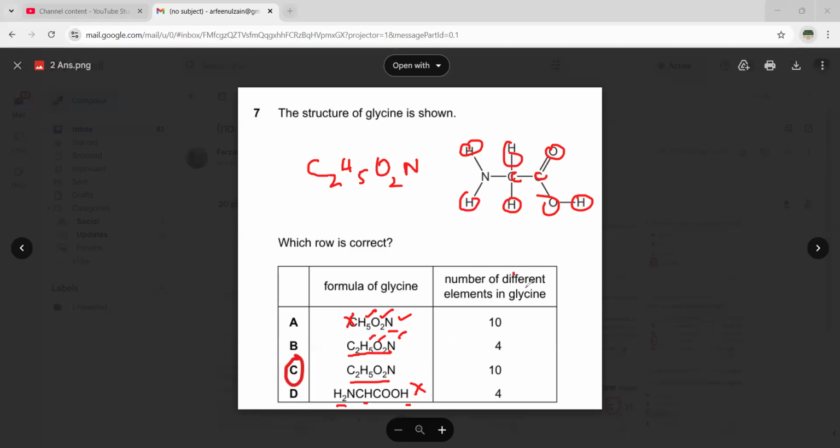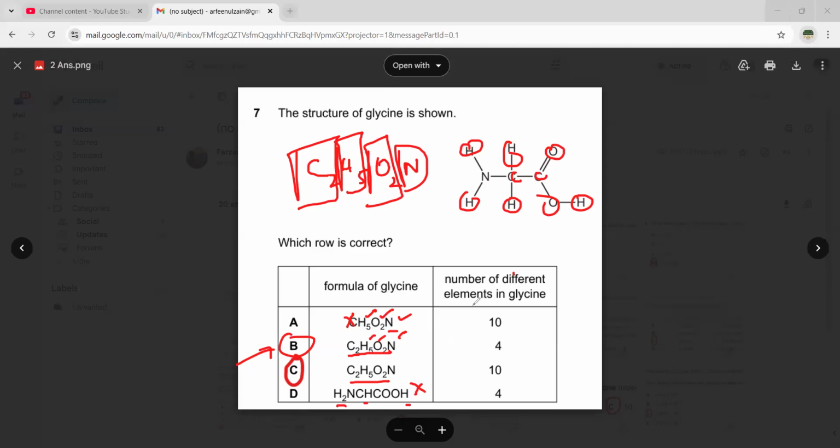How many different elements are present? It contains carbon, hydrogen, oxygen, and nitrogen. So B should be the right answer for this, not C, because they did not ask for the number of atoms.